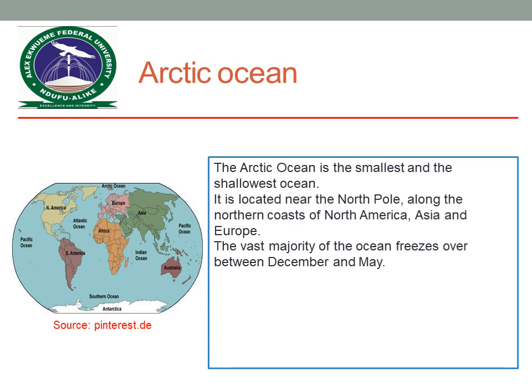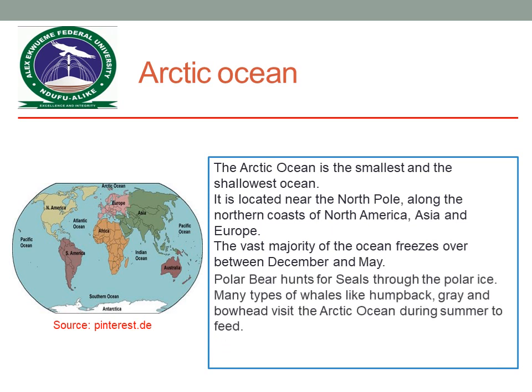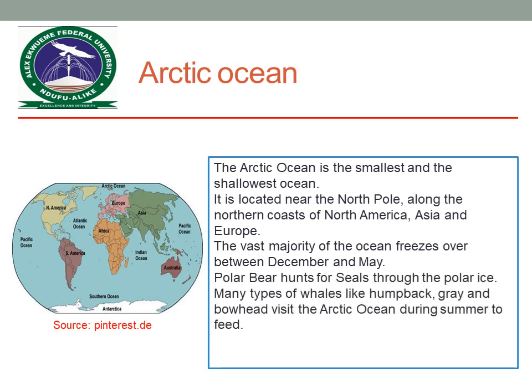The waters of the Arctic Ocean also freeze at very cold seasons. And it's also known to be a region where animals like polar bears and whales go to feed.